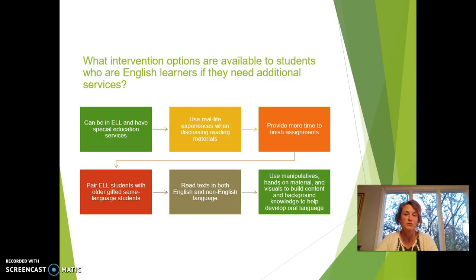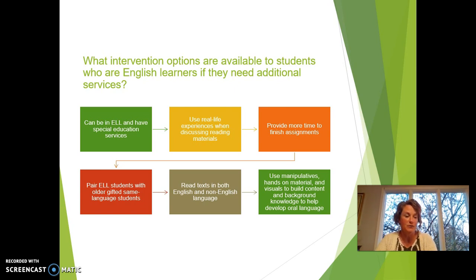What intervention options are available to students who are English language learners if they need additional services? The first thing I want to mention is that if the kids are in ELL, they can still qualify for special education. That's one thing I found out, because I have an ELL student living in my home.